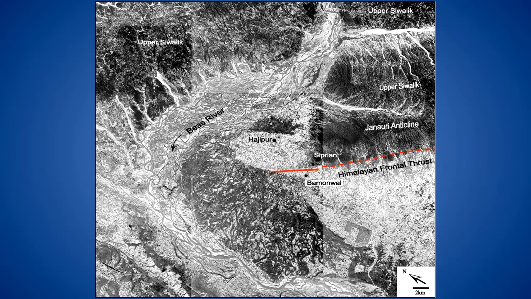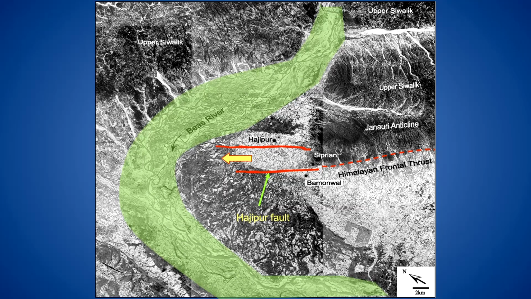Then there was a propagation of the fault and related folding, and then it forced the channel to shift and take a newer path, and then finally what we see, the propagation was in this direction further, and at present we see the Bias flowing through has occupied its current position. Okay. And in future, of course, this will also propagate further, which will result in the shifting of the Bias channel.